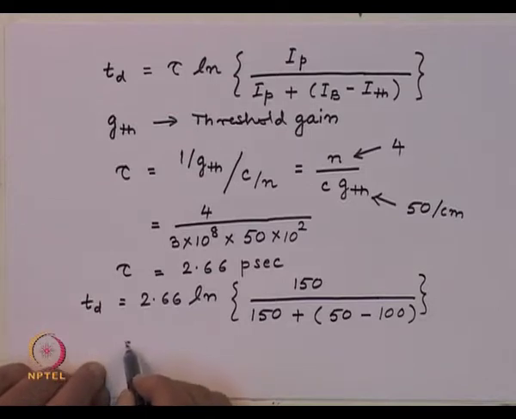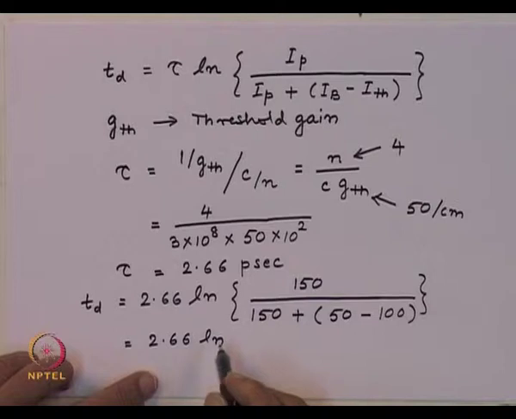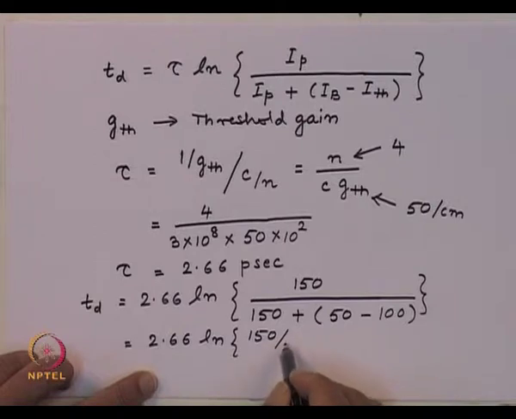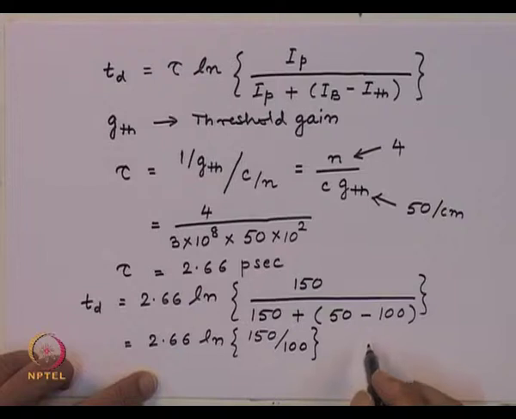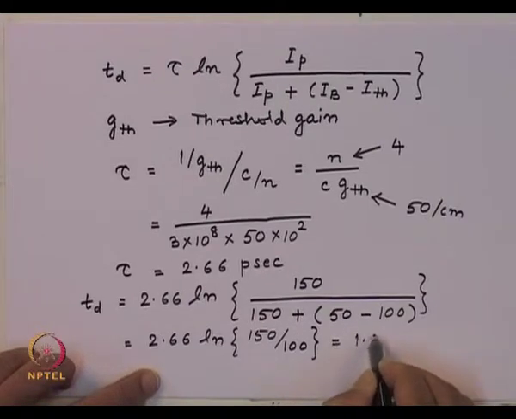So, that is equal to 2.66 ln 150 divided by 100, that is equal to 1.07 picosecond.